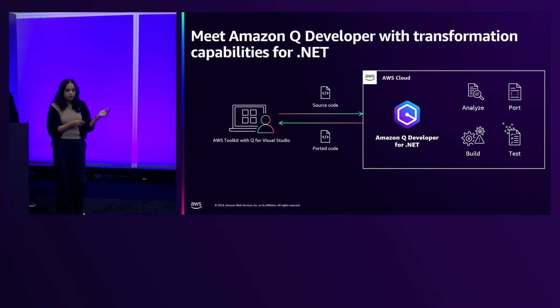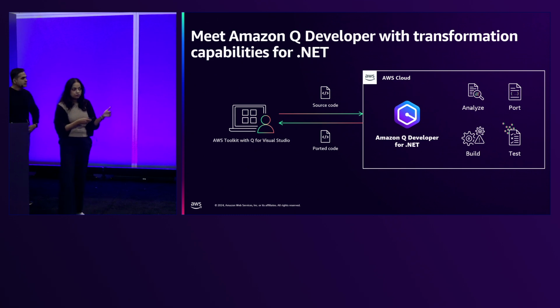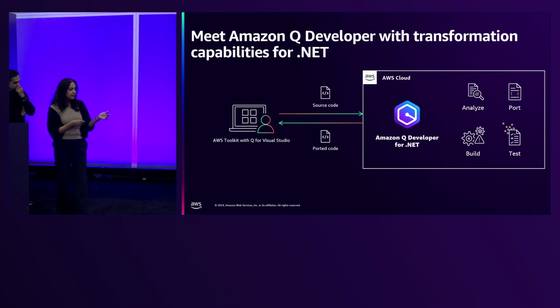Amazon Q analyzes your code, then clones the code to a secure ephemeral environment on the cloud. Then it ports your application first by applying some rules. After applying the rules, it automatically debugs and fixes all the errors. This is LLM-based debugging that Amazon Q is doing.